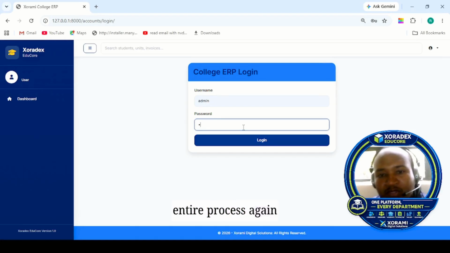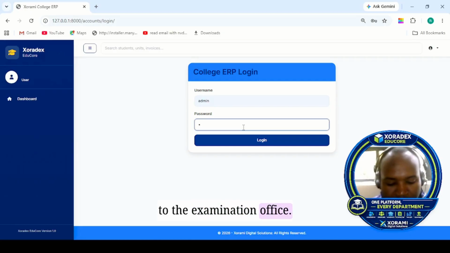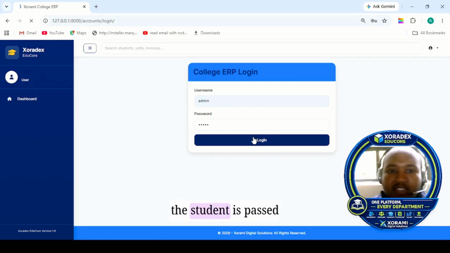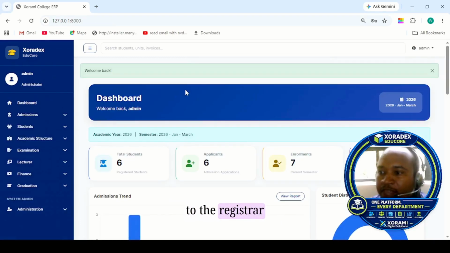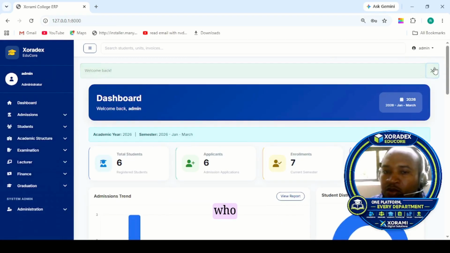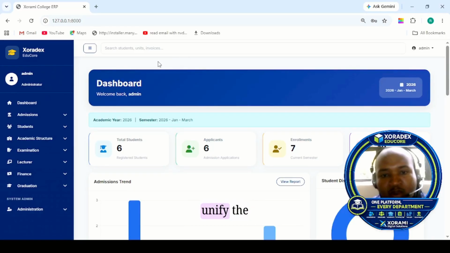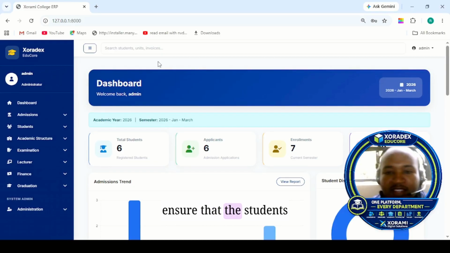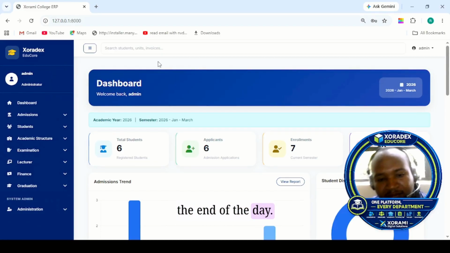The entire process again involves lecturers coming in to assess the student and also answer to the examination office. At the end of the day, the student is passed to the registrar, who is supposed to unify the student's records and ensure that the student graduates.